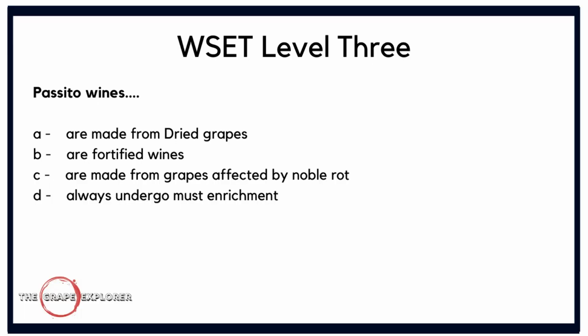Okay, let's take a look at number 1 then, which is all about an Italian wine production method. So passito wines are A, made from dried grapes, B, fortified wines, C, made from grapes affected by noble rot, or D, always undergo must enrichment. There is a pretty hefty section on Italy in the WSET Level 3 book, as you would expect, and therefore there are lots of questions about Italy in the exam.